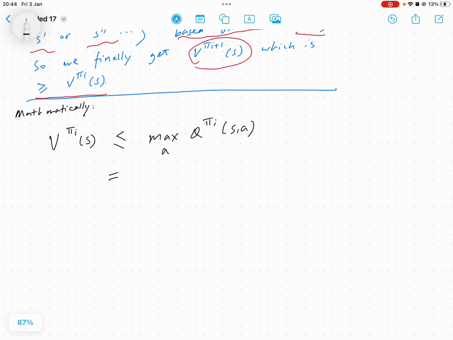And as we said, let's use the format of the sum of future expected rewards, the discounted future rewards, to rewrite this Q value.